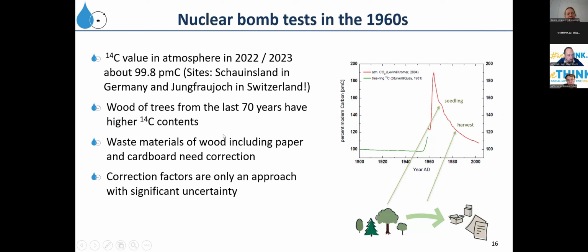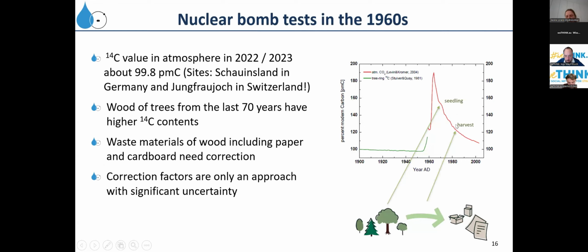As waste, it has usually a high content of wood and cardboard or paper or whatever. We measure today higher results than actually is renewable. So we need correction factors for them.